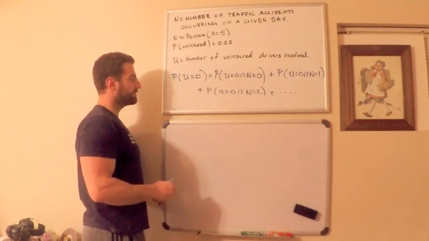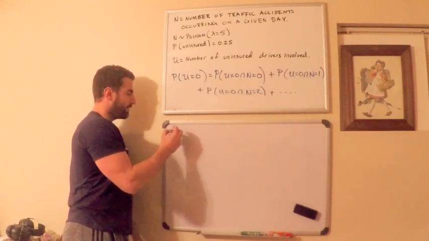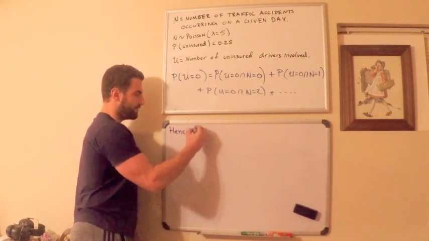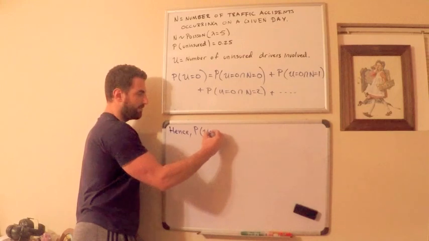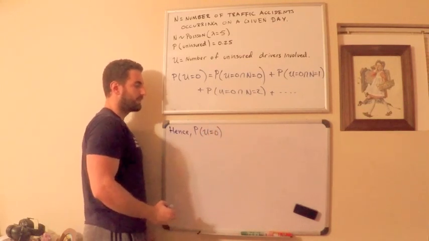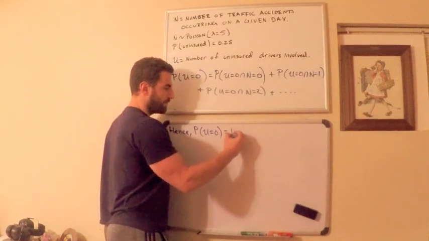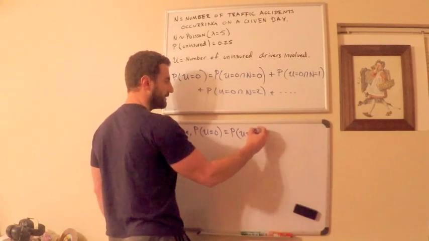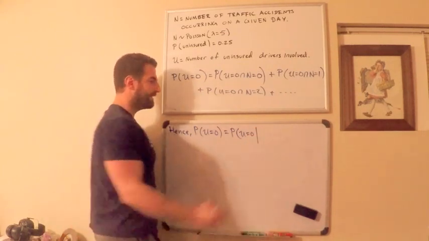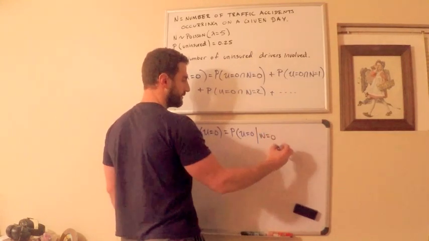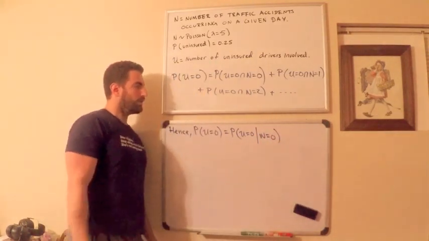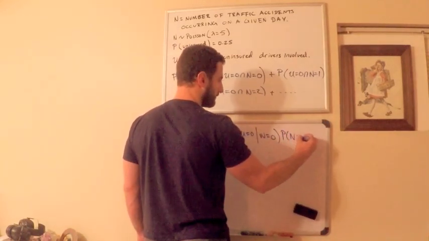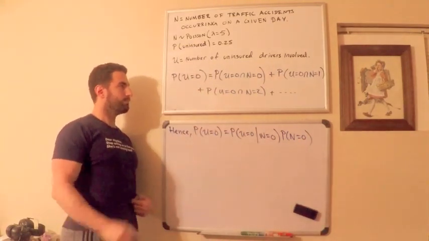Hence the probability that the number of uninsured drivers involved is 0 is equal to the probability that there are 0 uninsured drivers given N equals 0, times the probability N is 0.